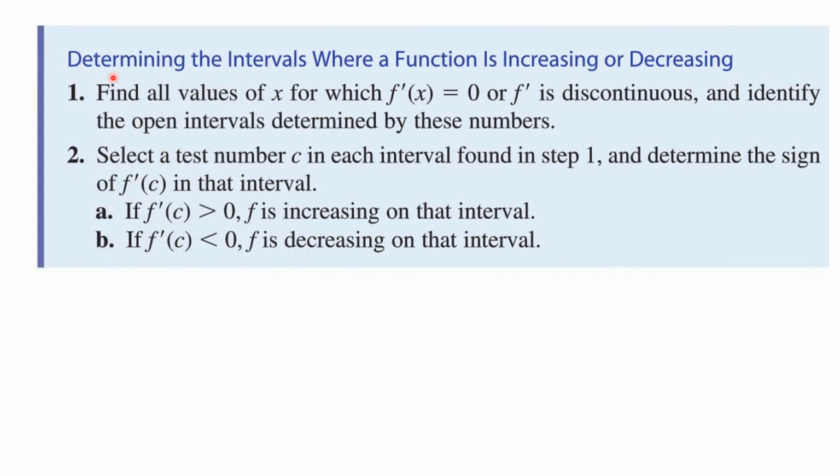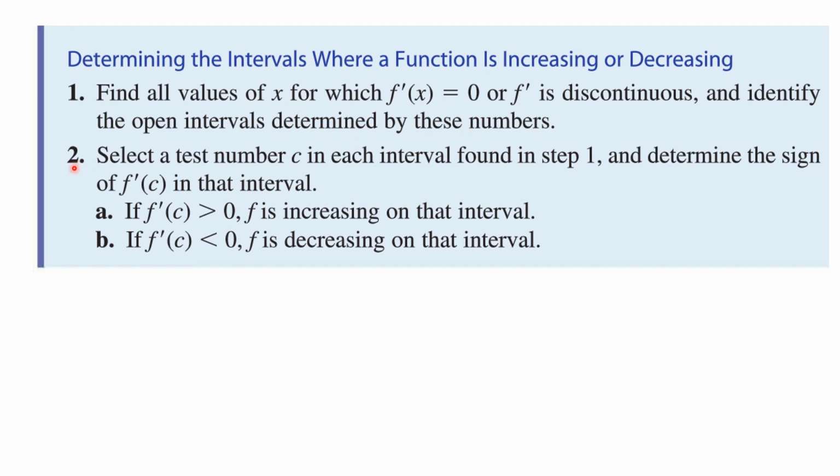Okay, so here's how we can determine the intervals where a function is increasing or decreasing. First, we find all values of x for which f prime of x is equal to 0, or where f prime is discontinuous. Those will be breaks in the function where the sign can change. And identify the open intervals determined by these numbers.